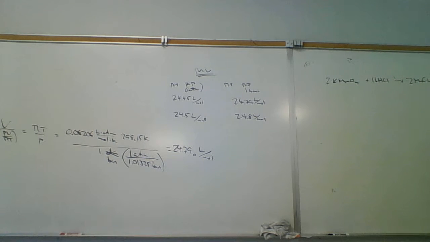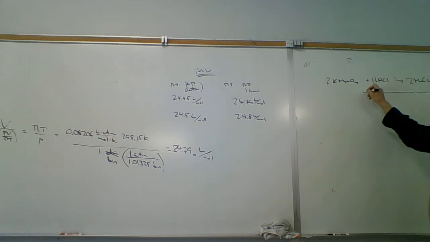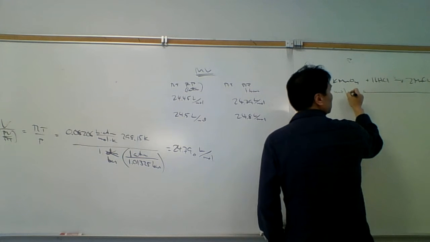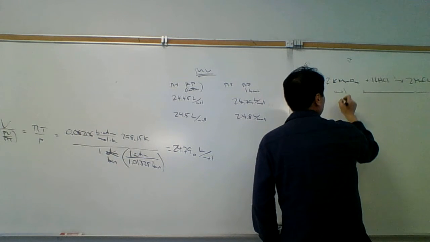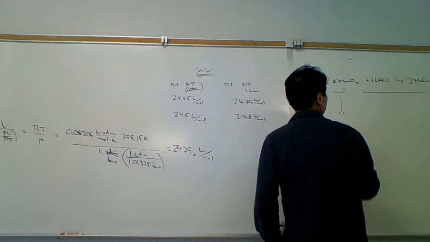So we don't even have a mole of gas here. We have less than half a mole. That's about 10 liters. We need about 25 liters for a mole. And so we'll go straight from liters of gas to moles of gas. This will be moles of chlorine. Then we're going to go from moles of chlorine to moles of KMnO4. And then we want to go to grams of KMnO4.